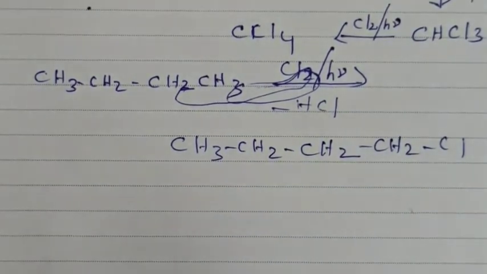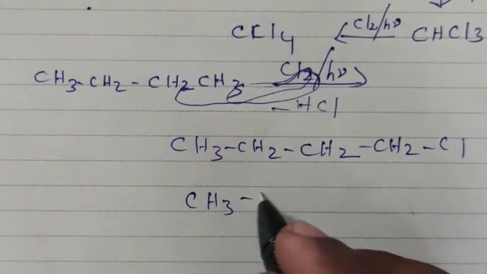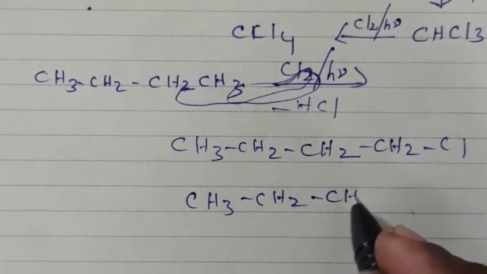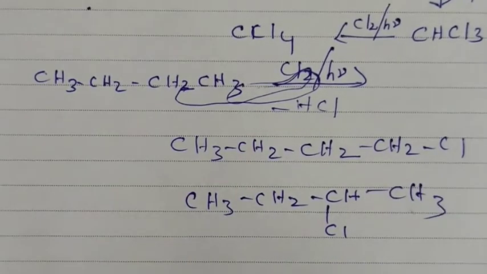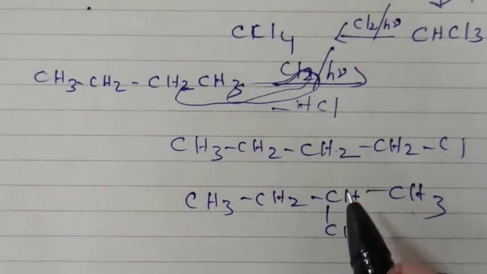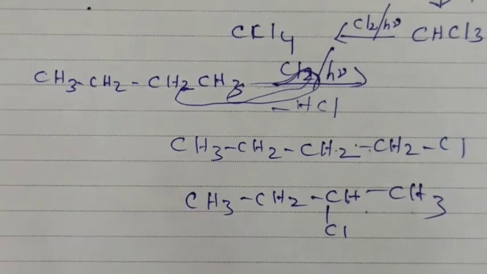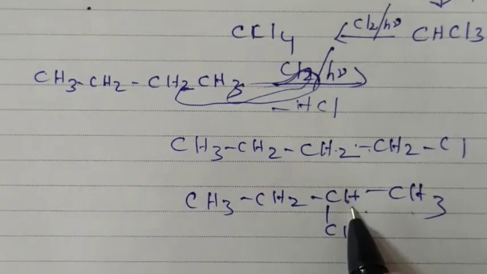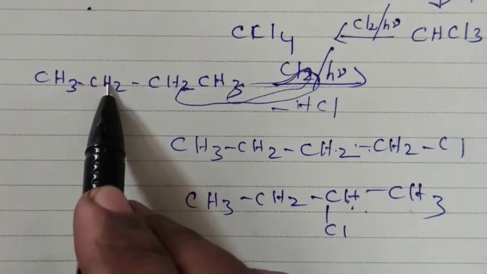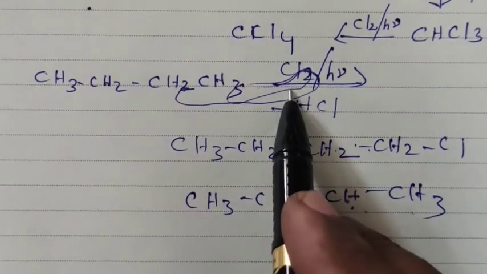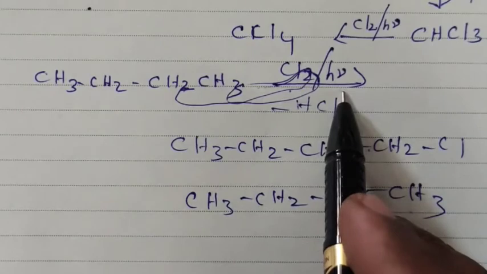It's one of the products. Another one is CH3, CH2, CH, here one Cl, CH3. Means we are getting different isomeric products when higher alkanes are subjected to halogenation in the presence of light.